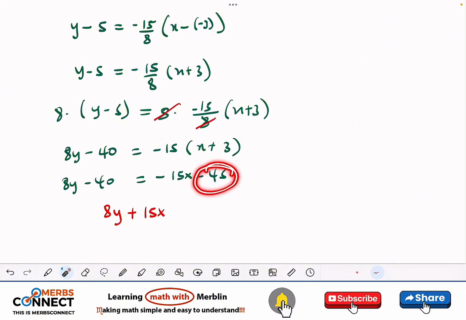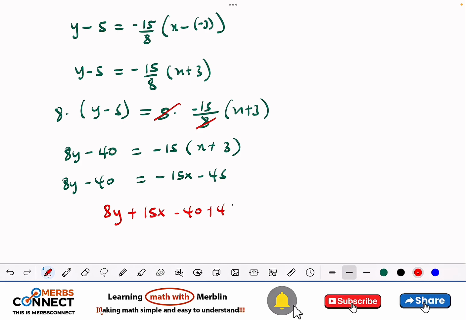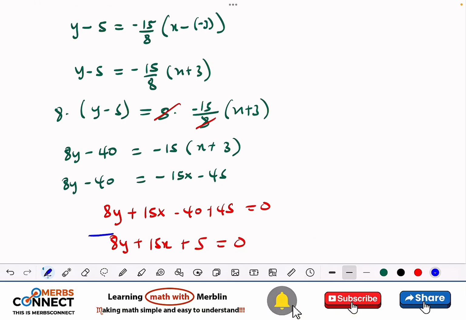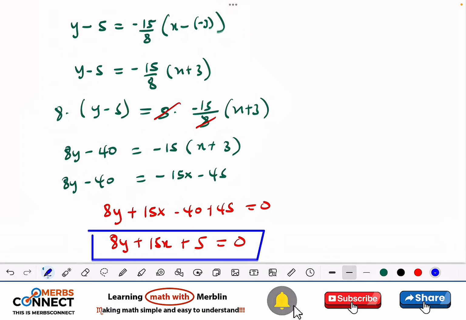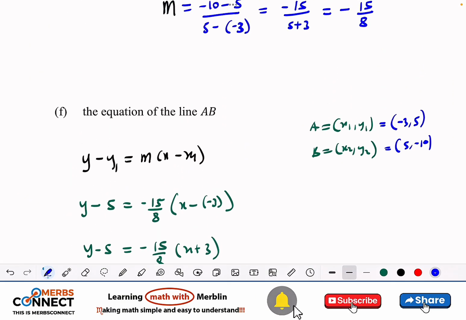Then if I move the 45 here, I will have minus 40 plus 45, which is 5. So I'm going to have 8y plus 15x plus 5 is equal to 0. This is the equation of the line, which is very nice and very simple, right?